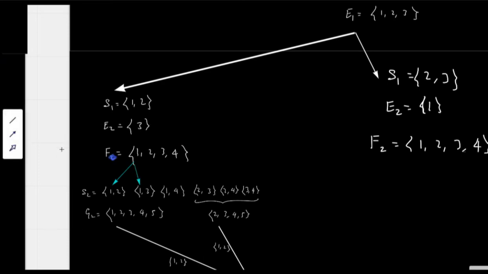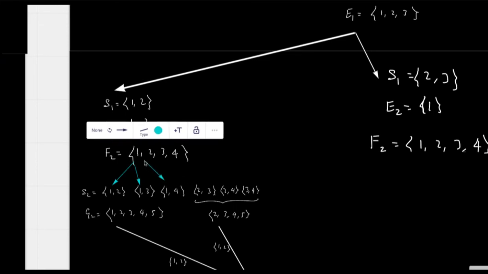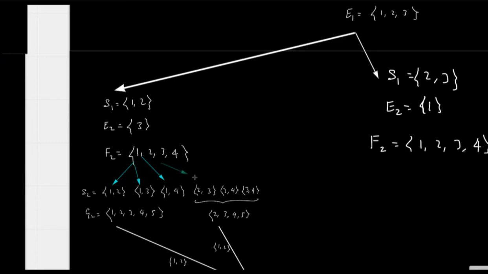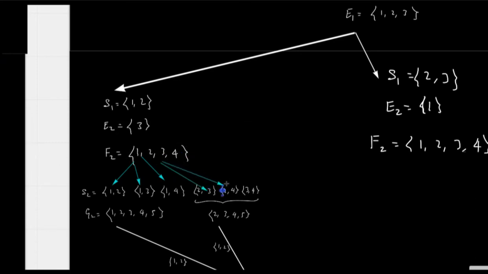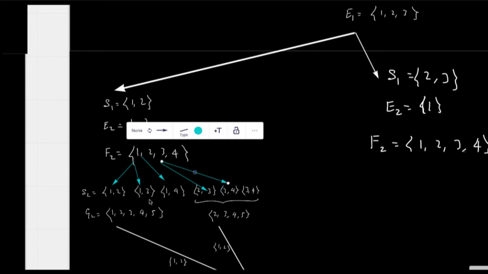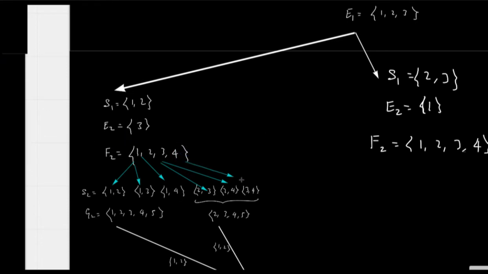And 1, 4 will also be there from 1. And when we go for 2, 2, 3 will be there. 2, 4 will also be there. And then 3, 4 will be there.